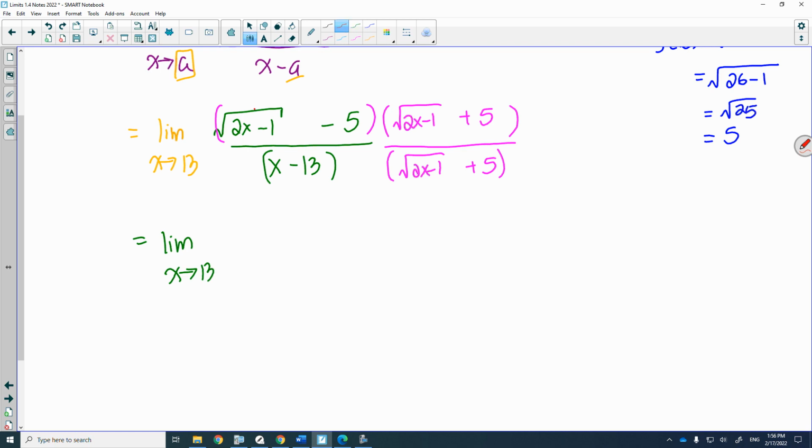Remember, when you're multiplying conjugates, you could take the shortcut. First term times first term would be 2x minus 1. And then last term times last term, negative 5 times 5 would be minus 25. Keep your denominator in factored form because the goal is to cancel. So I don't want to distribute if we're wanting to cancel.